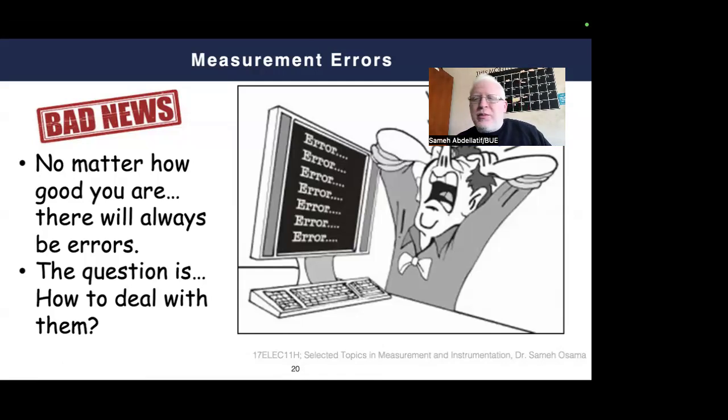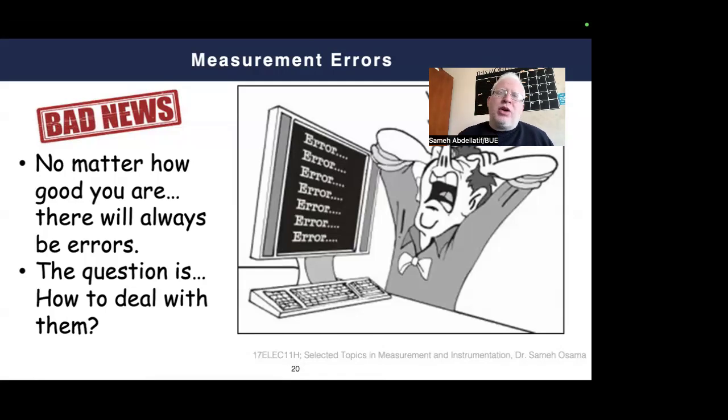Basically, we have to understand a very important note: there is nothing called a measurement system without an error. It's impossible to get rid of errors.